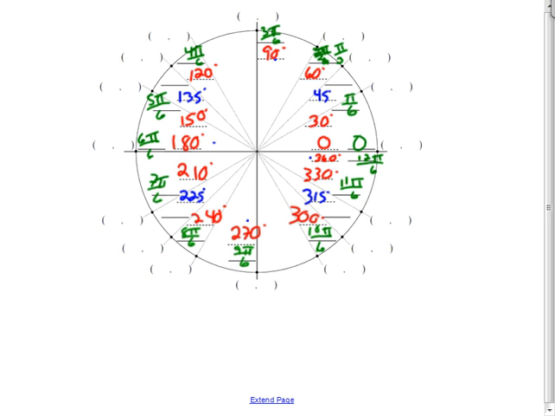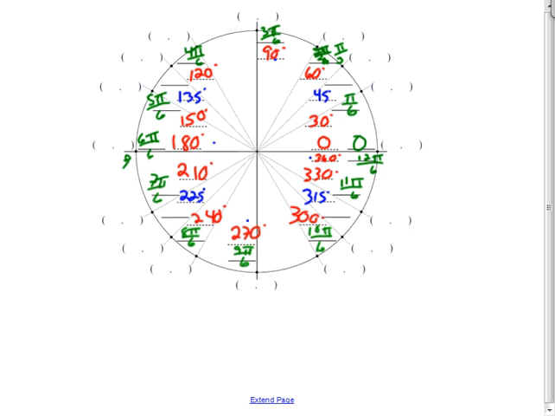I need to get to 2 pi in the end. 12 pi over 6 is a simplified 2 pi. Yes, I'm right. You may want to check halfway as well here. I will simplify these later. But when I first do this, I do not simplify these at all, because it just makes it harder to try to keep going around.